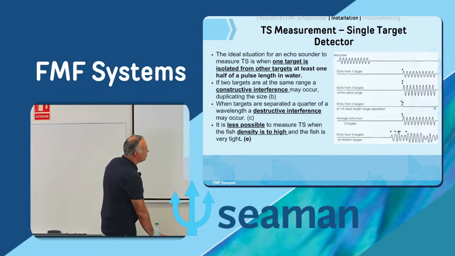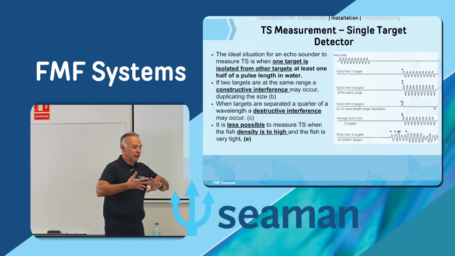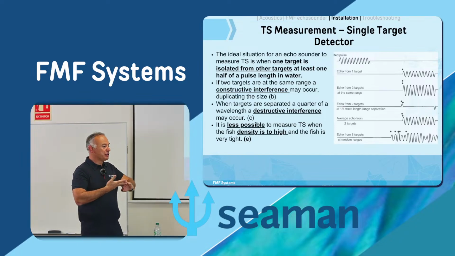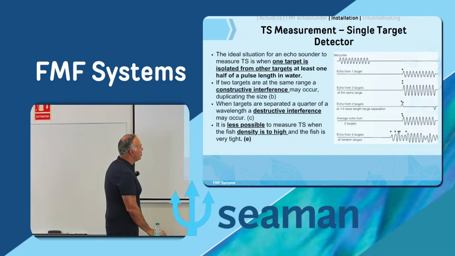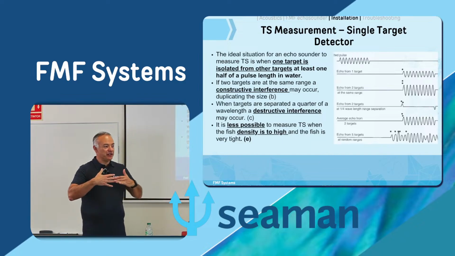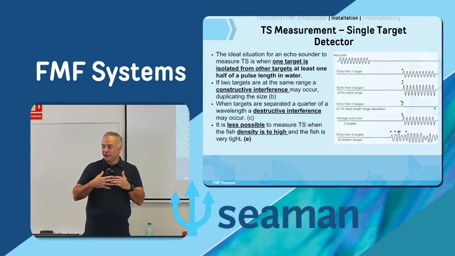It can be that two echoes cancel each other and you don't have any information from either. Depending on the position of the echo, you may receive an average of the two targets.